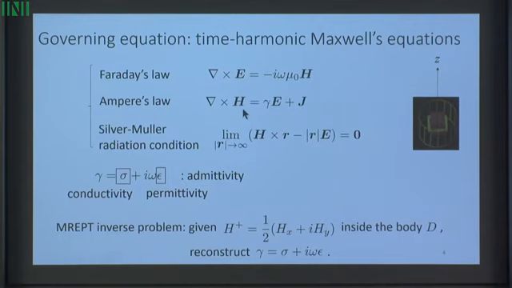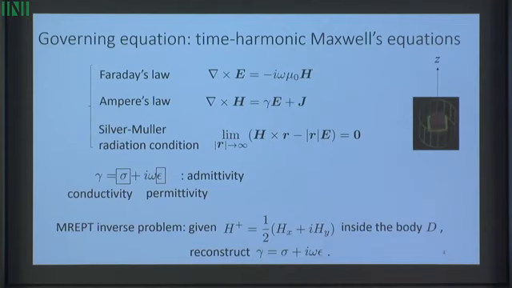In Ampere's law we have the coefficient gamma, the electrical property called admittivity, whose real part is the electrical conductivity and whose imaginary part involves the permittivity. J is the external current which we apply to this birdcage coil, and we add a radiation condition.